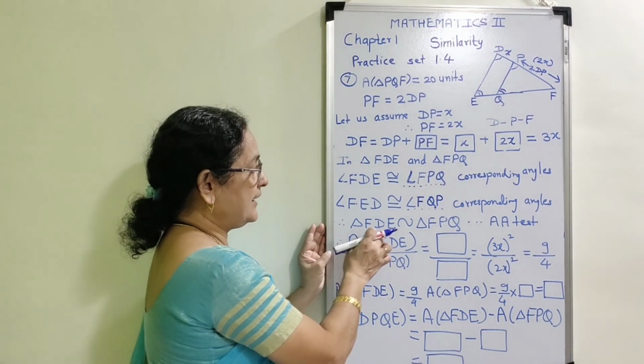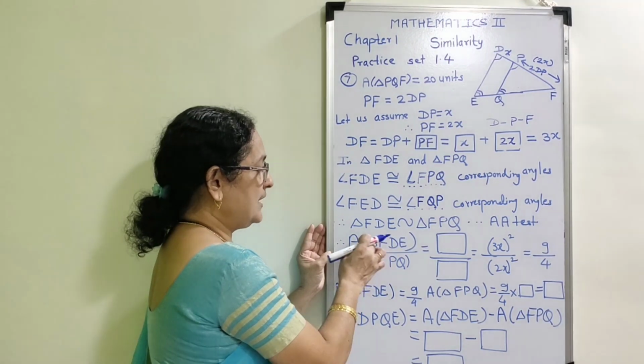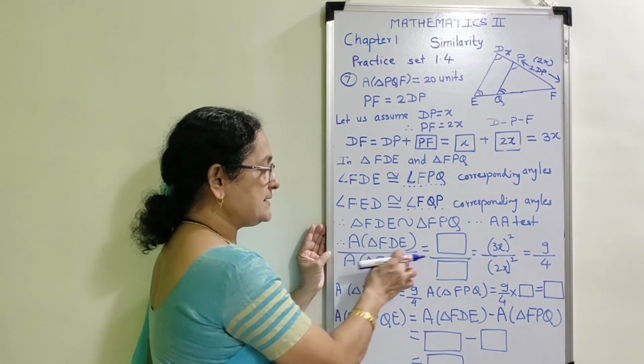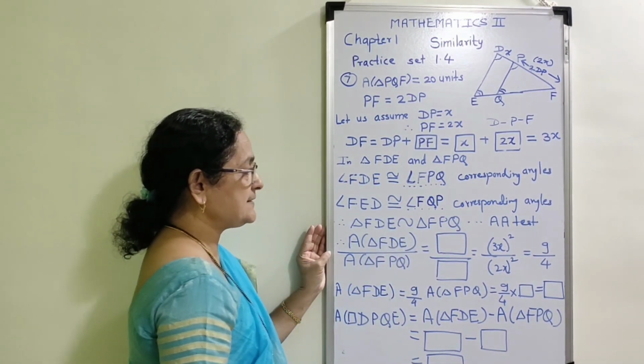Since we have already proved the triangles are similar, the ratio of their areas is equal to the ratio of the squares of their corresponding sides.